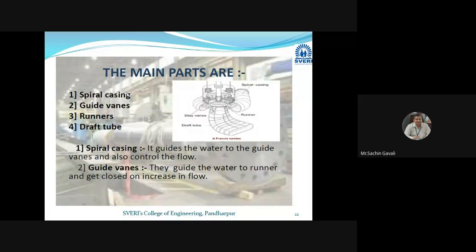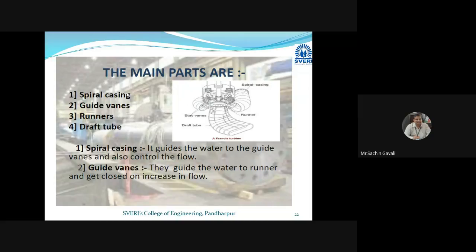Water is coming towards the center, and at the center it comes out through the draft tube. So water is coming to the center and afterwards it flows towards the outlet in the radial direction. Yes, sir.